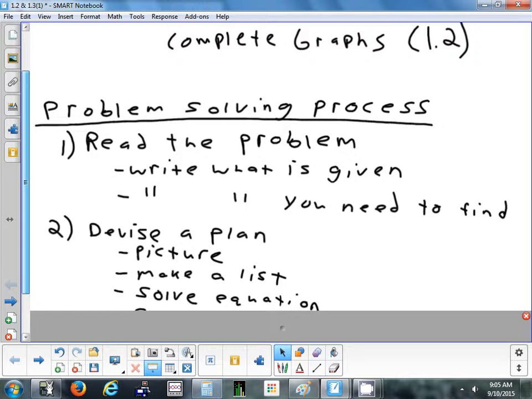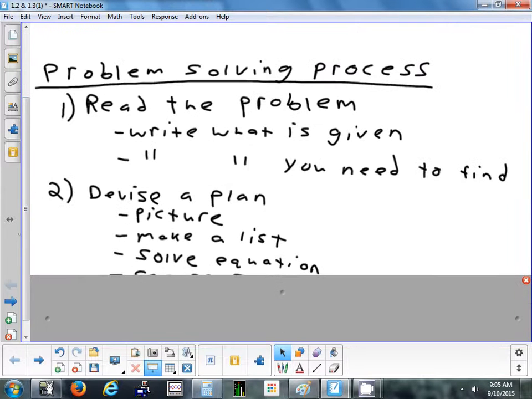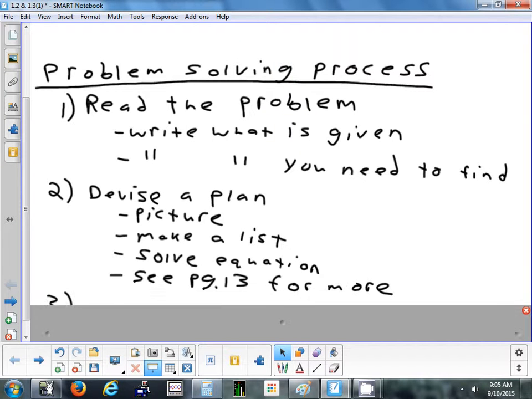A lot of times we're going to set up an equation and solve it. And sometimes we use multiple approaches. Sometimes we make a picture and then use the picture to make an equation. Or we'll use a graphing calculator to help solve an equation. So we'll combine approaches.